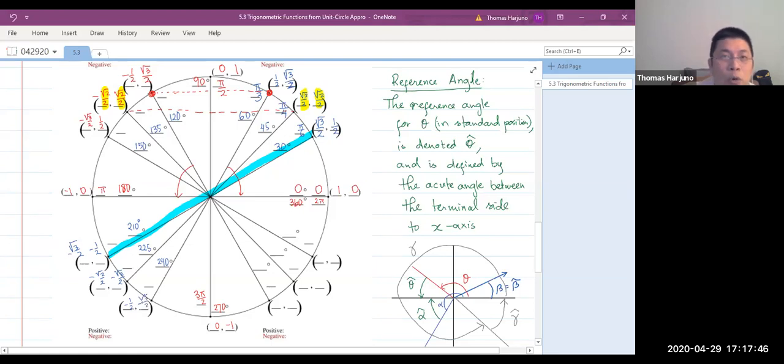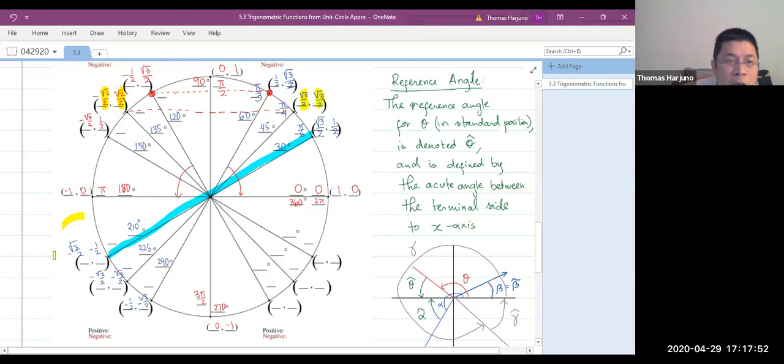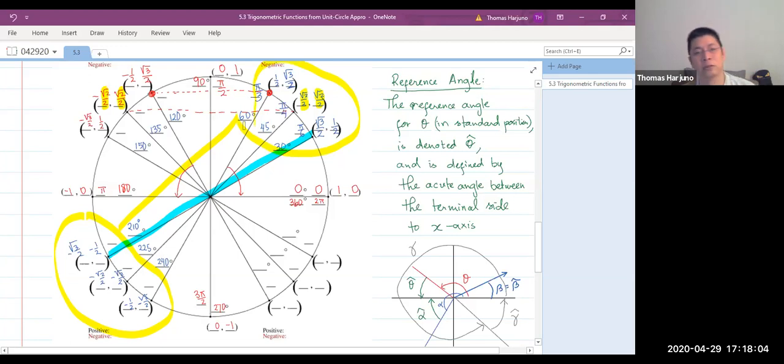Okay, so even though I was working on problems here, my eyes were actually looking at the coordinates here. You see?